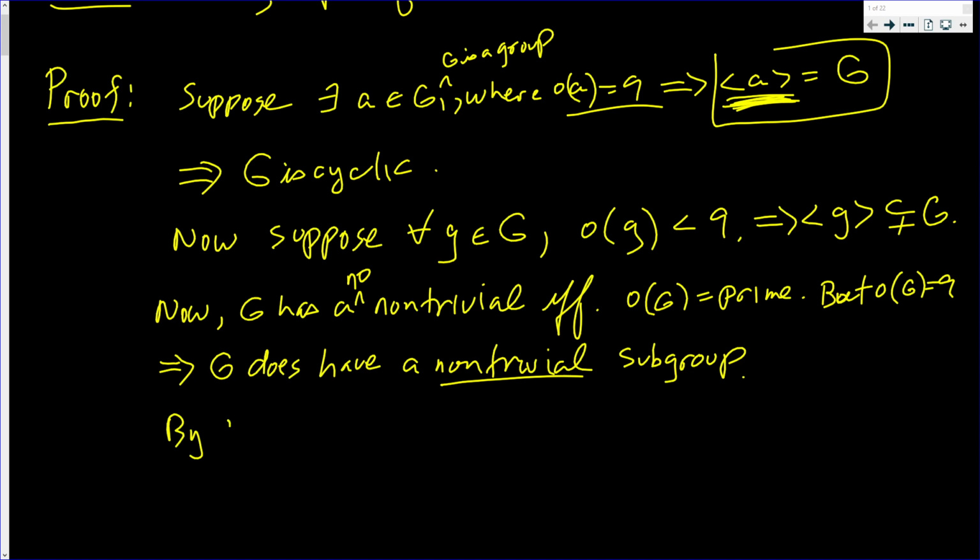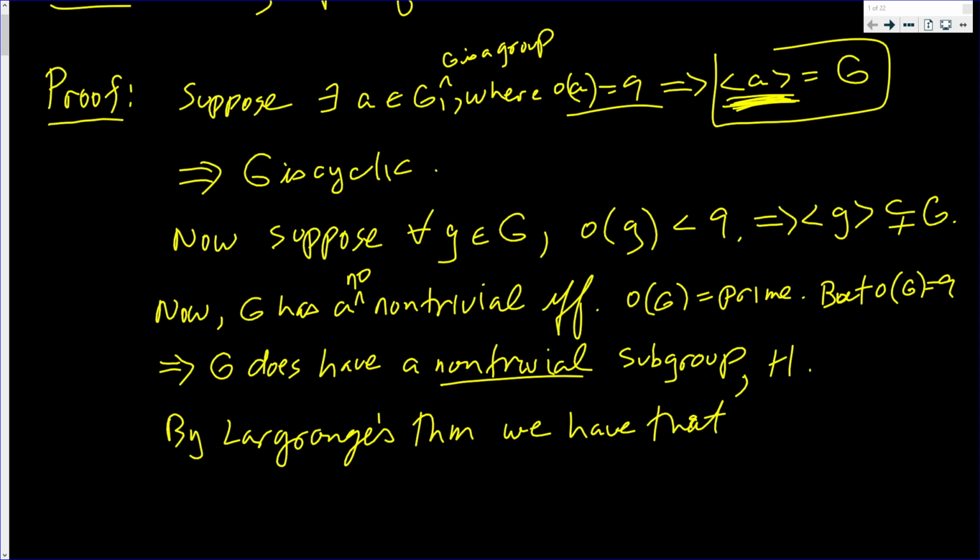Now, by Lagrange's theorem, G does have a non-trivial subgroup H. We know that the order of H must be 3, because Lagrange's theorem tells us that the order of the subgroup must divide the order of the group.